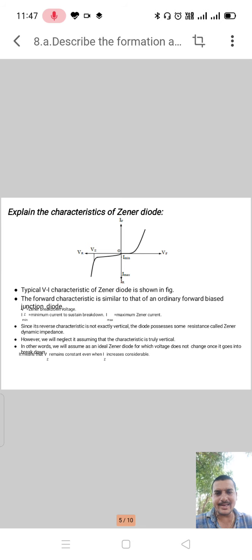However, we will neglect it, assuming that the characteristics is truly vertical. In other words, we will assume an ideal Zener diode for which voltage does not change once it goes into breakdown. Vz remains constant even when Iz increases considerably.